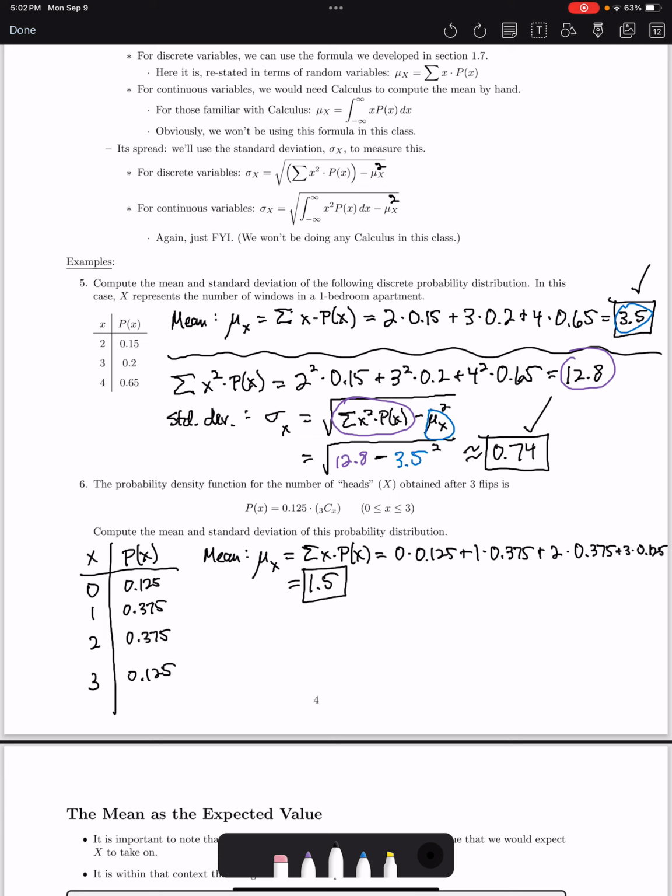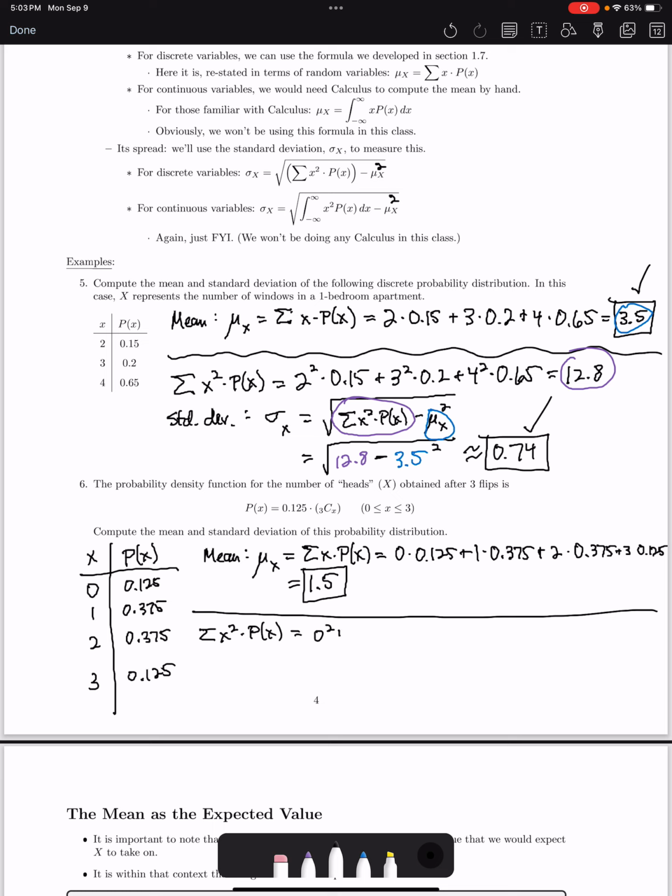Okay, standard deviation. Sigma sub x is the square root. Oh, actually, I'm going to run out of room if I try to write out everything. Let's just calculate the sum of x squared times p of x.